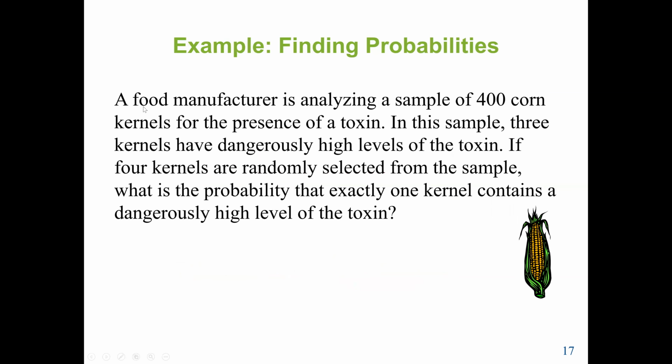Another example: a food manufacturer is analyzing a sample of 400 corn kernels for the presence of a toxin. In this sample, 3 kernels have dangerously high levels of the toxin. If 4 kernels are randomly selected from the sample, what is the probability that exactly 1 kernel contains a dangerously high level of the toxin?